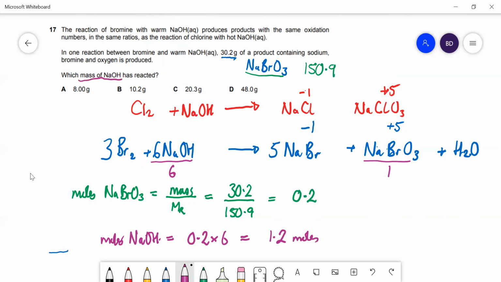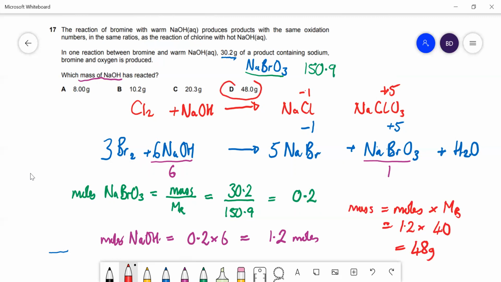The mass of NaOH is equal to the moles times the MR. So that's 1.2 multiplied by the MR of sodium hydroxide, which is 40, giving us 48 grams. So D is the correct answer to that one.